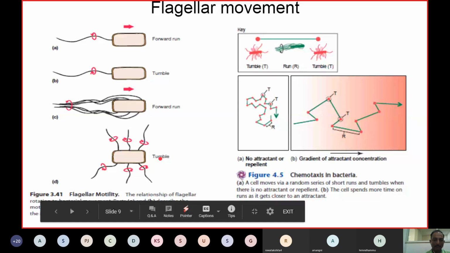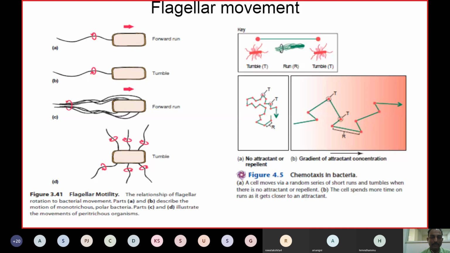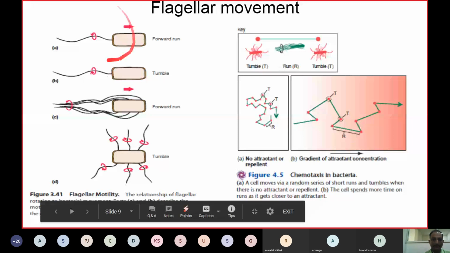So this is how bacteria move, and the energy involved in the movement is the proton motive force, PMF, which is H plus ion movement. So the proton motive force gives energy for the movement of the flagella.